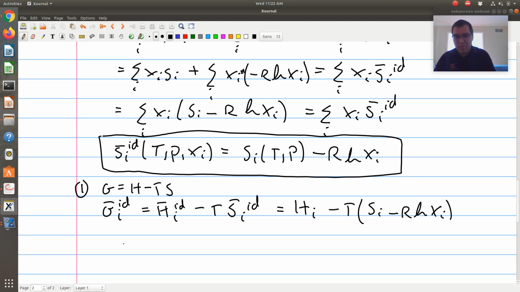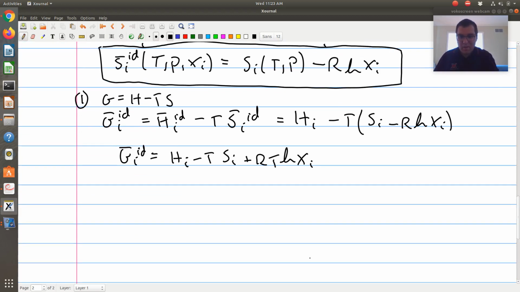Expanding, G bar i ideal is equal to Hi minus T Si plus RT log xi, where Hi minus T Si is just equal to Gi. So G bar i ideal I can write as equal to Gi plus RT log xi.